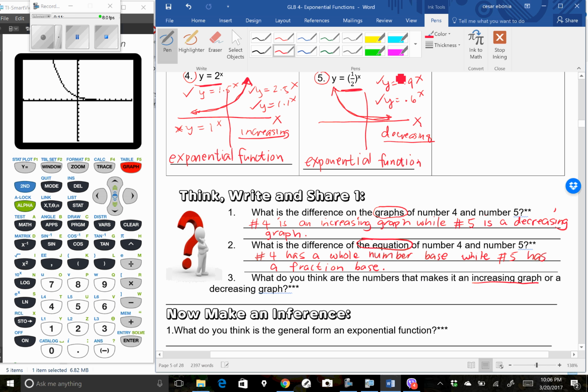I think we have enough numbers to observe and say that the graph of a function is increasing or decreasing for some numbers. So I would say that the boundary here is actually at 1, because if it's more than 1, it becomes increasing. If it's less than 1, it becomes a decreasing function.